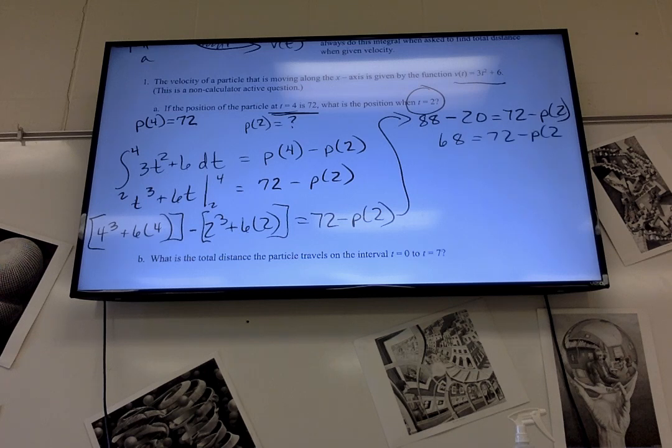Subtract 72, that's negative 4. Wow, I thought I did it wrong. So I did it different. Divided by negative 1, 4 is P of 2.